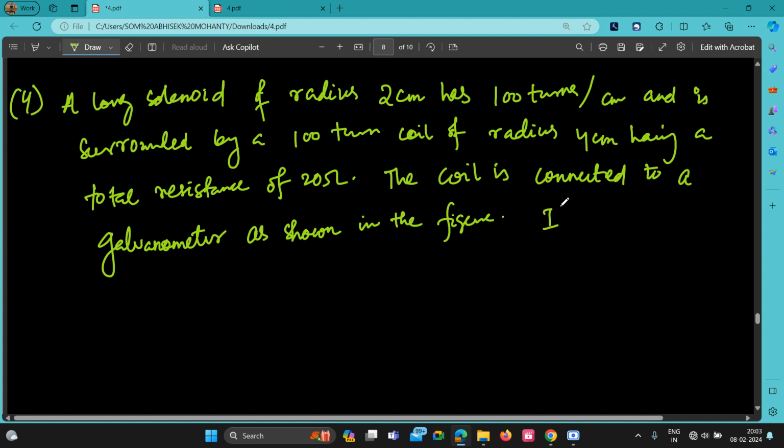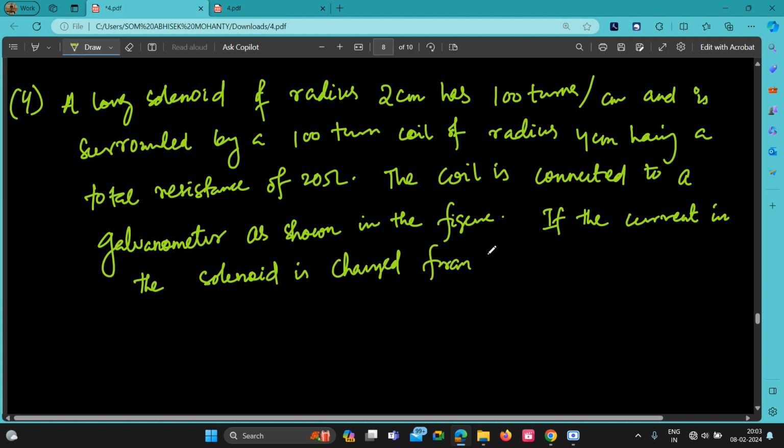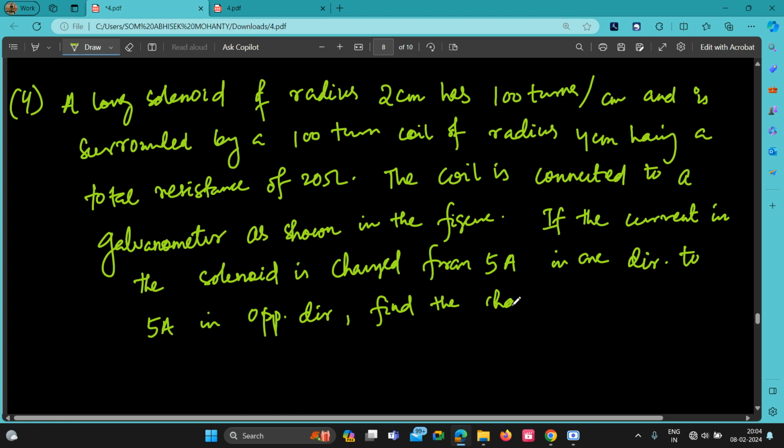If the current in the solenoid is changed from 5 ampere in one direction to 5 ampere in opposite direction, find the charge which flows through the galvanometer.